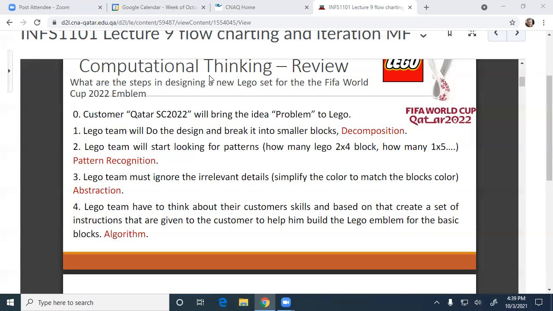Abstraction. The problem there is we might have these ideas in our heads. Supposing we say, oh, well, we want our logo to include a falcon. Well, a falcon's quite a complex animal, right?